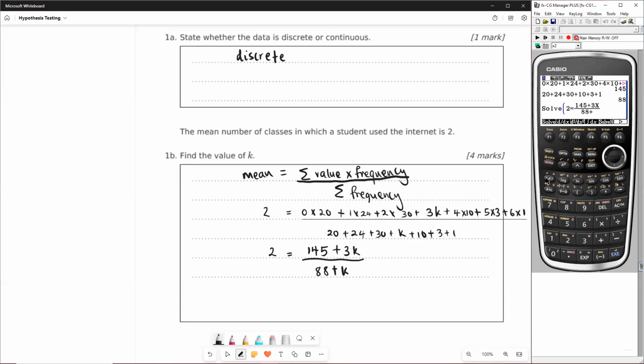That's supposed to be plus. There we go. That tells us that k is equal to 31. So you just use solve on your GDC.